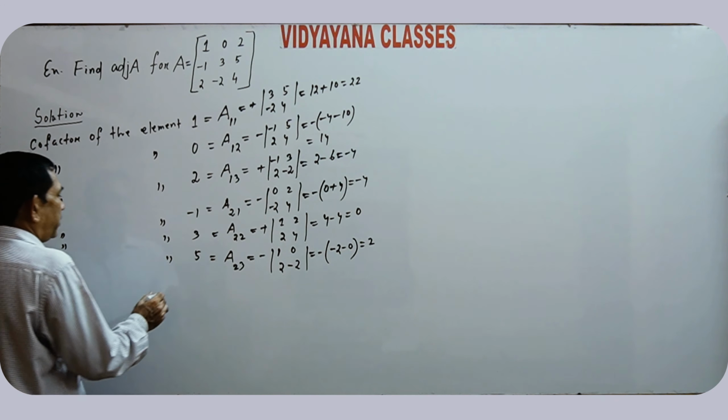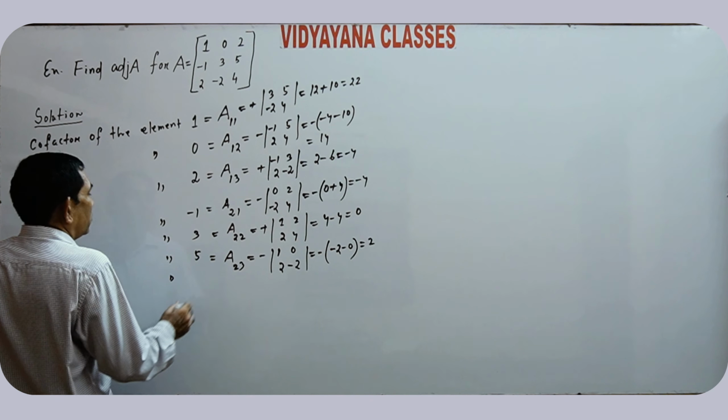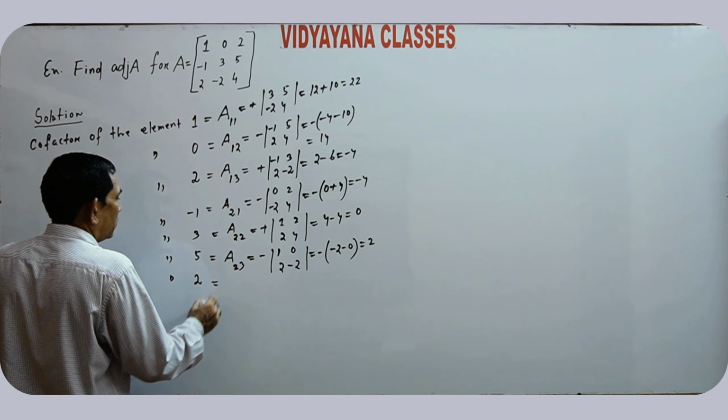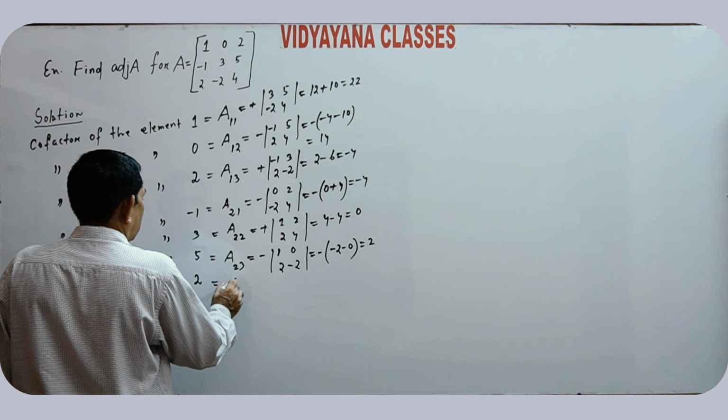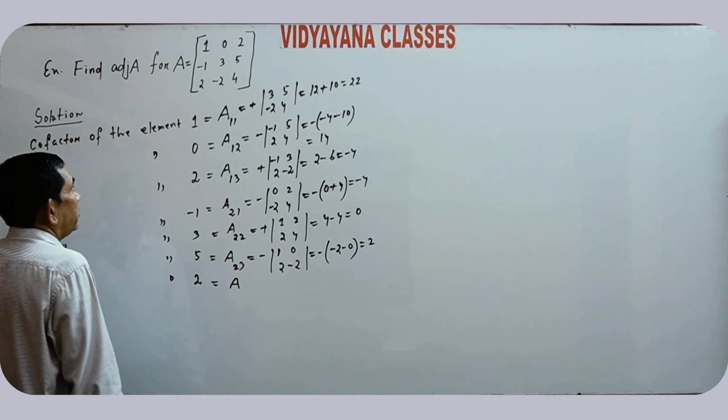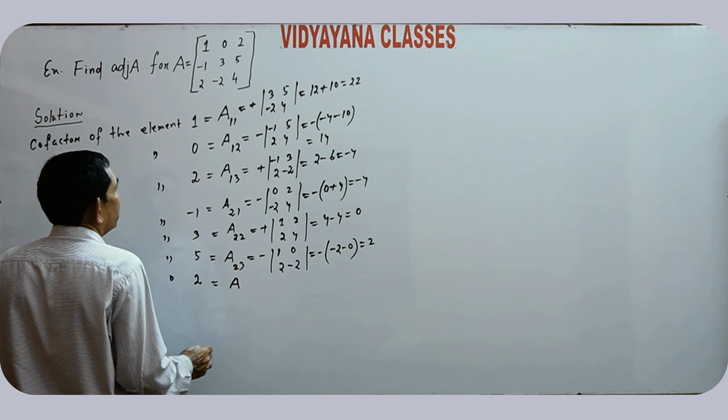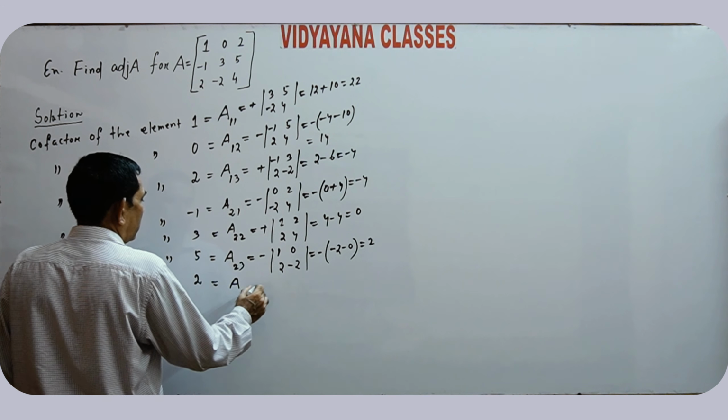Cofactor of the element 2, the element of third row and first column.